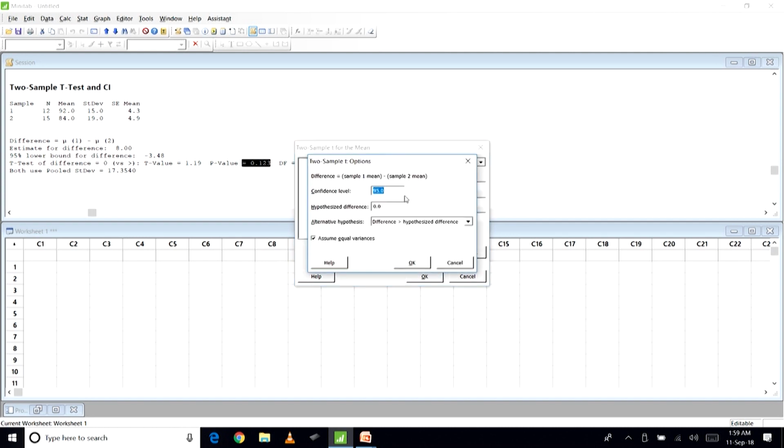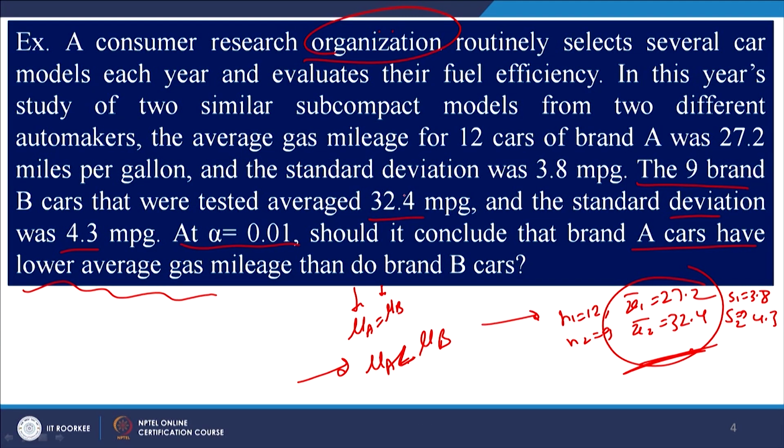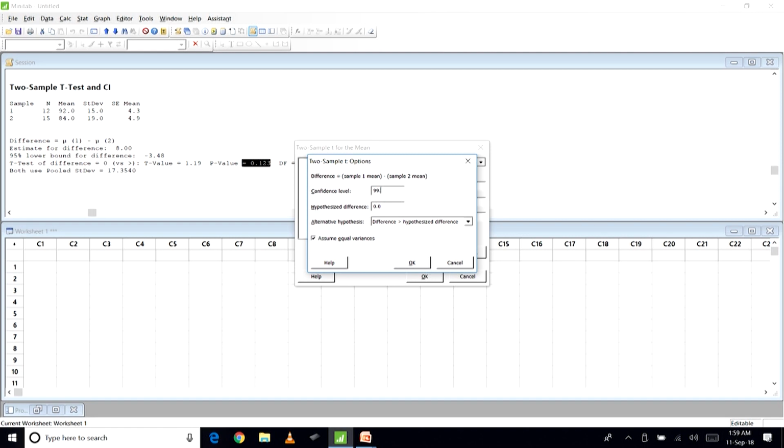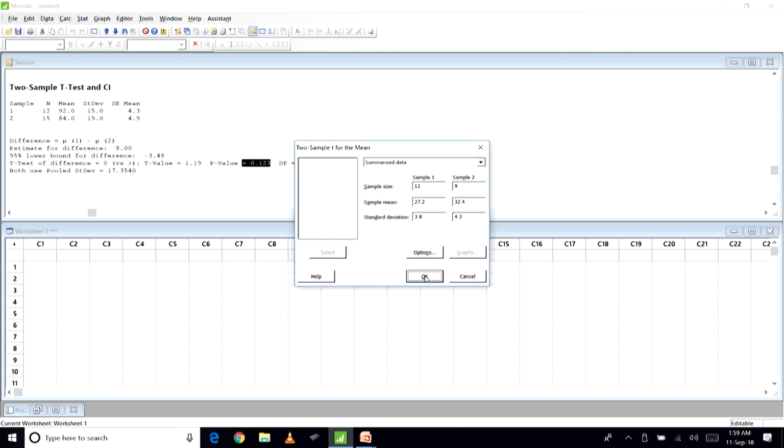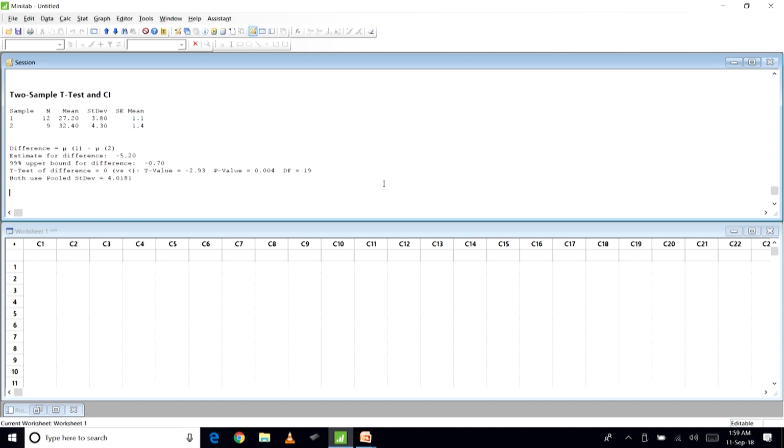This is a hypothesis which is to be tested at 0.01, it means 99% confidence level. The hypothesized difference will remain the same. This is a case of a left tail test, so the difference is less than the hypothesized difference. Click OK and OK. This is how you should be getting the p value, 0.004, and this is your calculated t value, minus 2.93.